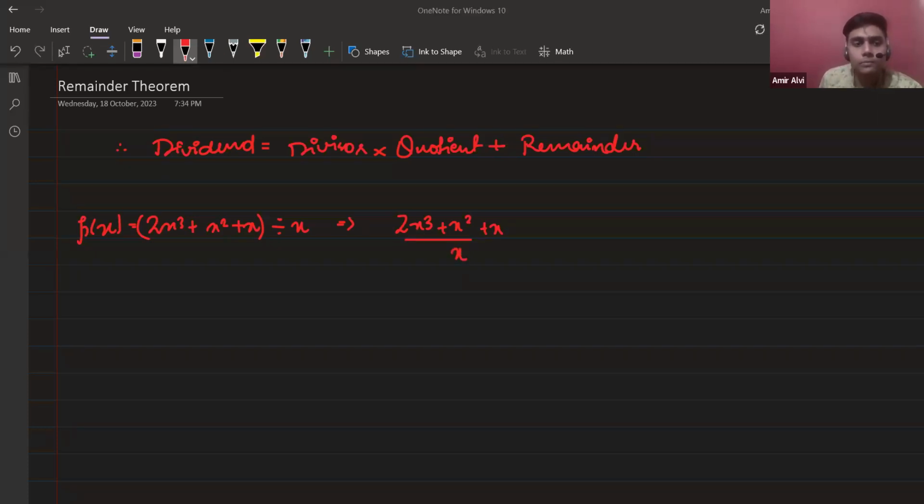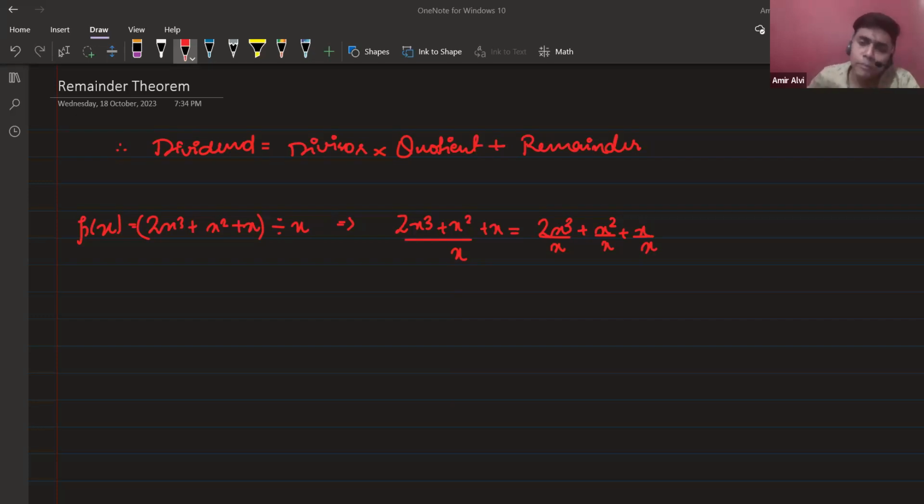And this can be written term by term, since the denominator is the same, so it will be added normally. Is that clear? Any doubt? Very good.